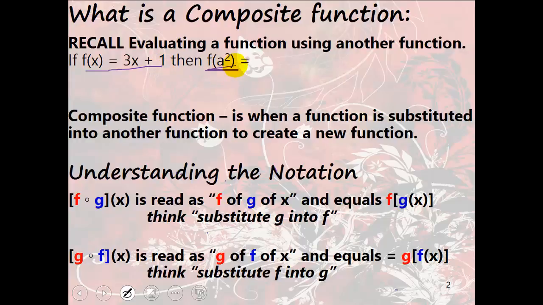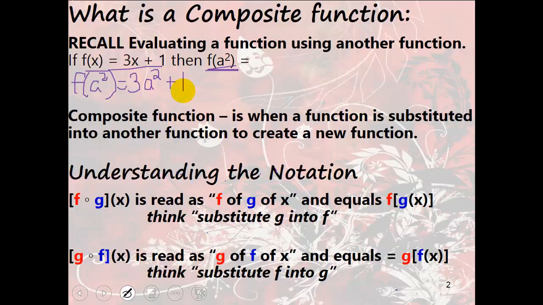Wherever there is an x, I'm going to plug in a squared. So I have 3 times a squared plus 1, and f of a squared equaled 3a squared plus 1.